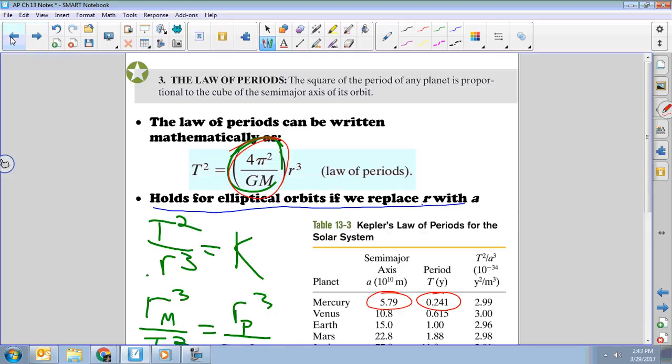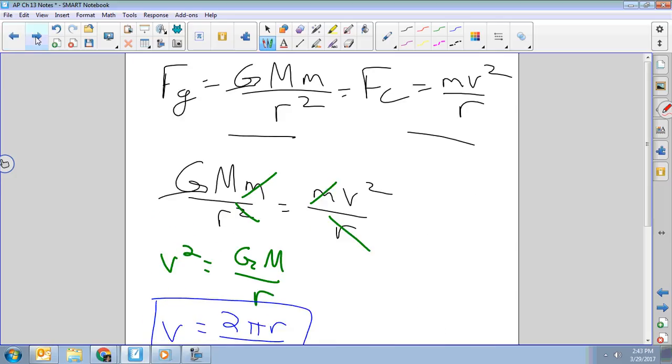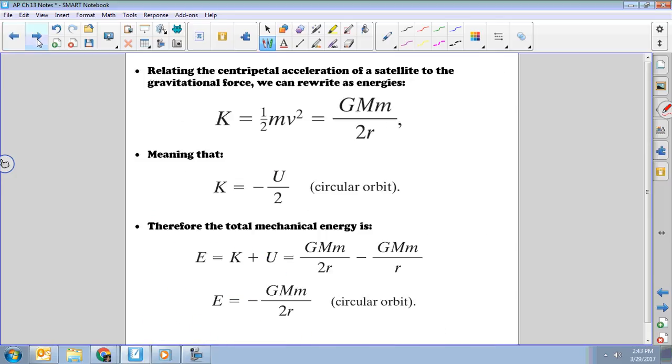Oh, I gotcha. R cubed over M. Yes. Say it again. Right. Okay. Cool. Sorry, I was thinking we were done, and I was nervous. Like, how do we finish that quick? Okay. Cool.